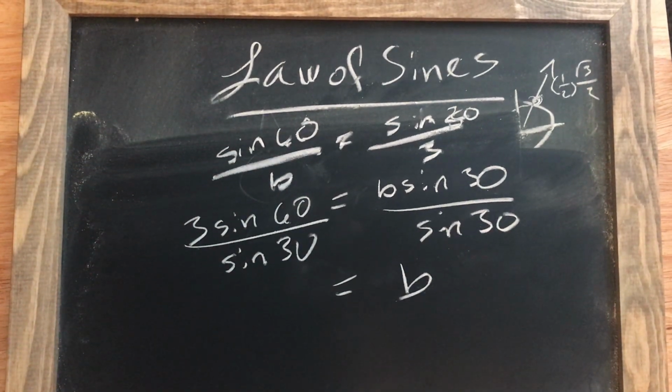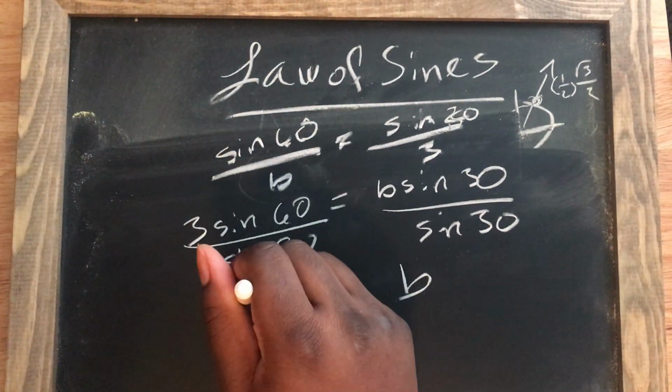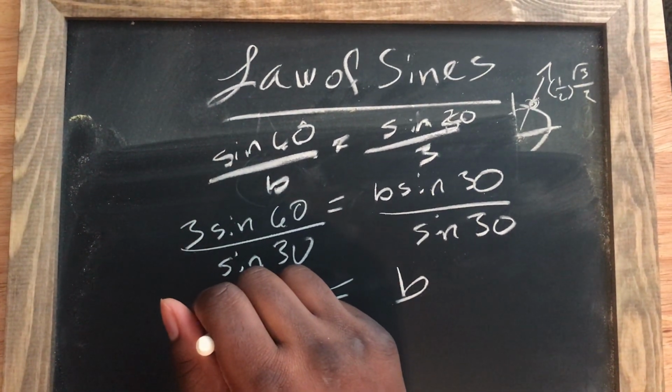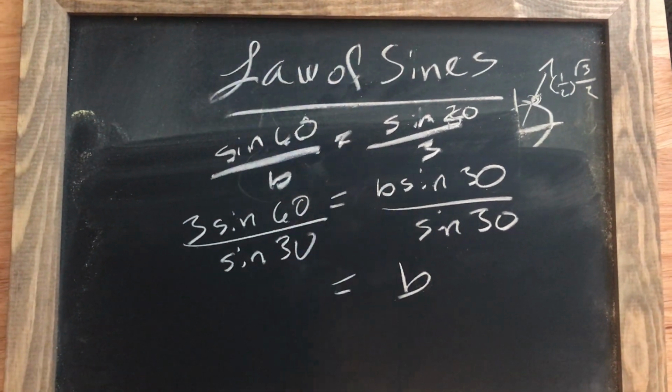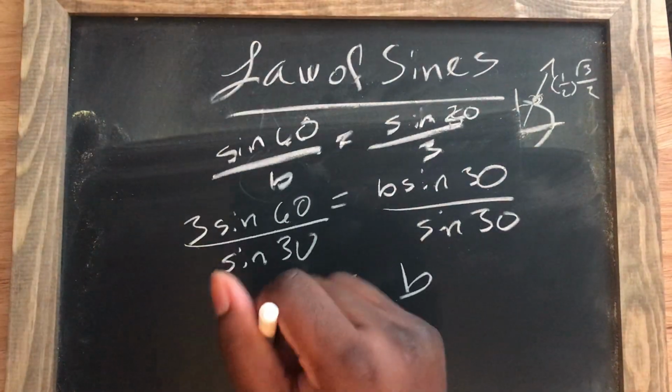And that is 3 times sine 60 over sine 30, there we go, that makes more sense.